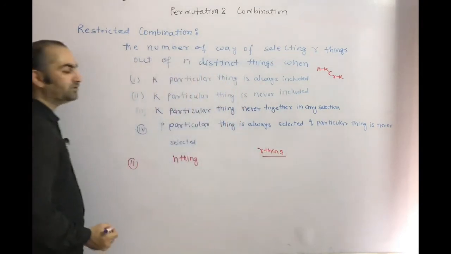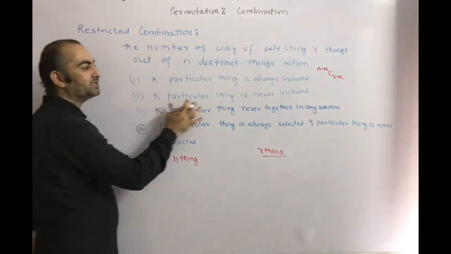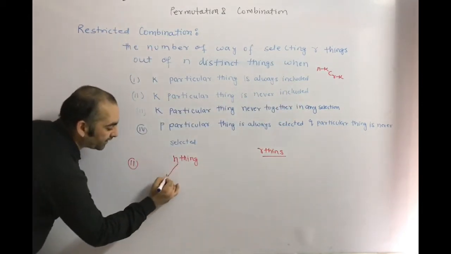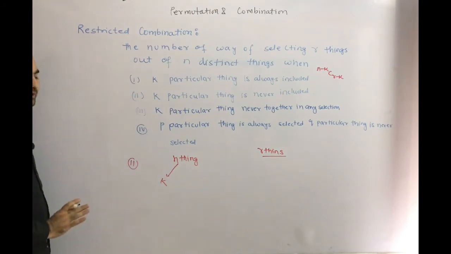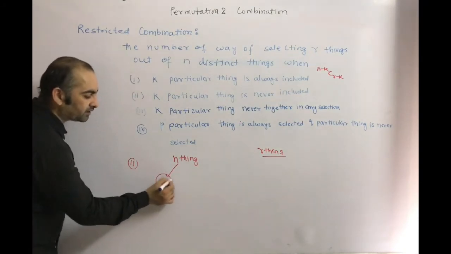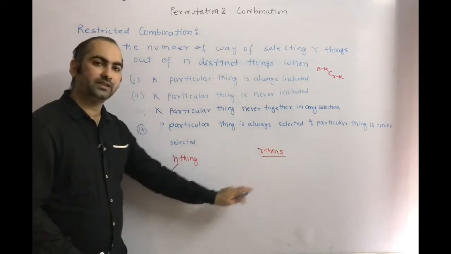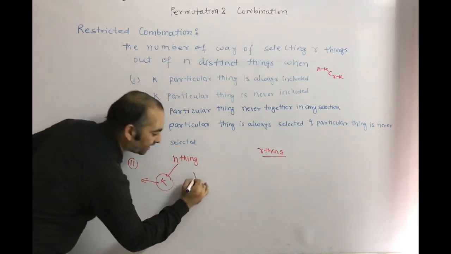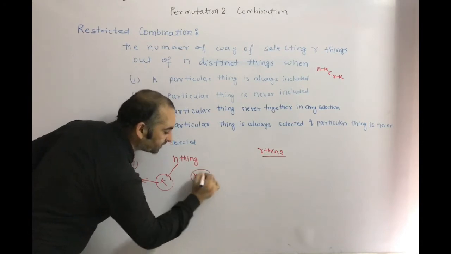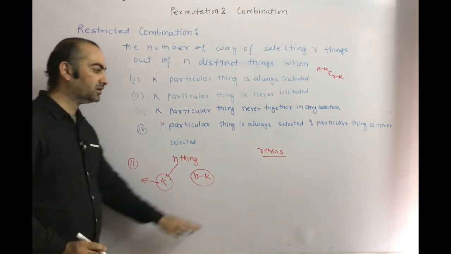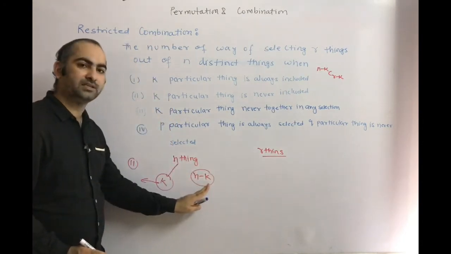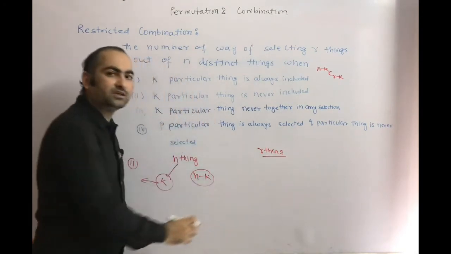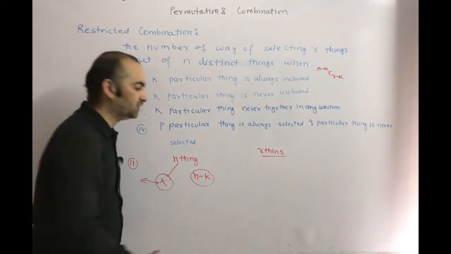According to the second point, we will take all the k particular things outside, and we don't want these k things here. So the remaining is n minus k. That means we have to select r things out of n minus k things. So the second point result is the selection of r things out of n minus k things. So what will come?